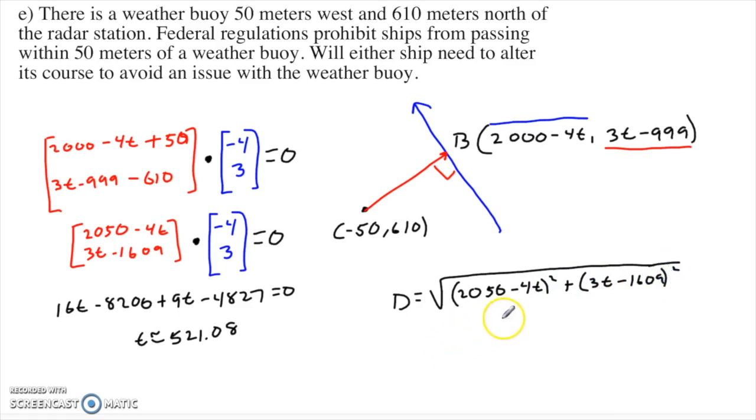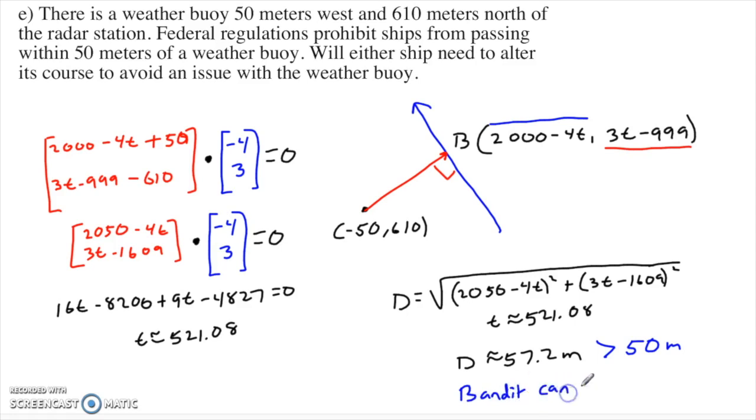I'm going to evaluate that all at t about 521.08, and I will get a minimum distance of about 57.2 meters. So that is, of course, greater than 50 meters, right? So that means that the Bandit is fine. Bandit can maintain course.